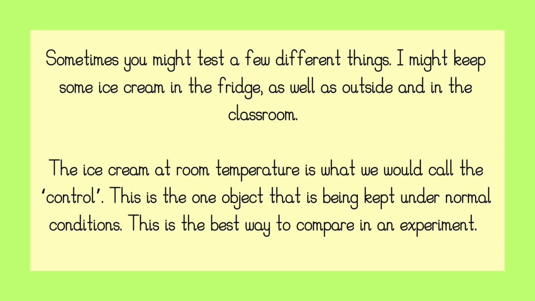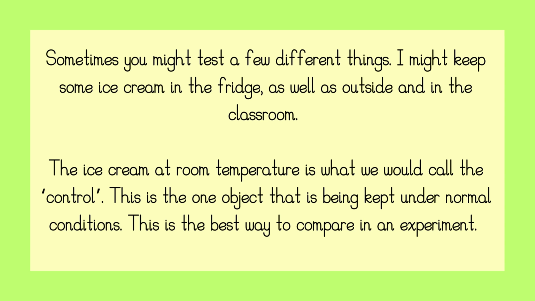Sometimes you might want to test a few different things. I might keep some ice cream in the fridge, as well as some ice cream outside, and some ice cream in the classroom. The ice cream that's in room temperature in the classroom is what we would call the control. This is the one object that's being kept under normal conditions.